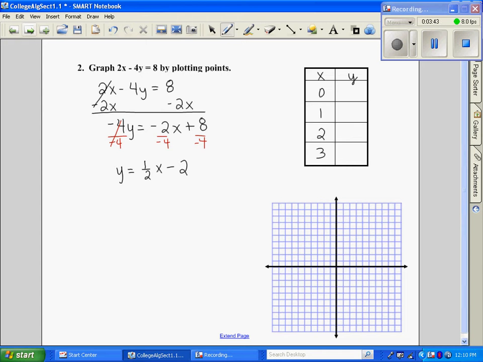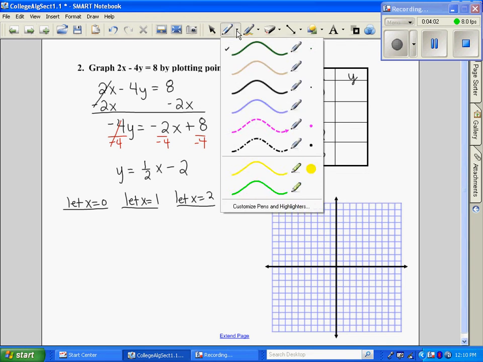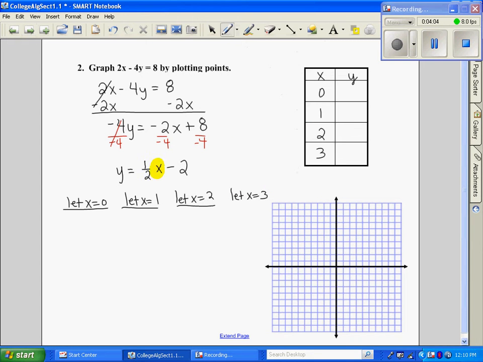That means when I take this 1/2 x minus 2, one time I'm going to let x equal 0, then I'm going to let x equal 1, let x equal 2, and I'm going to let x equal 3. I'm going to substitute those values in that position and solve for y.